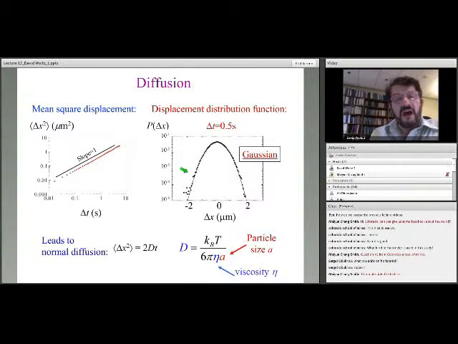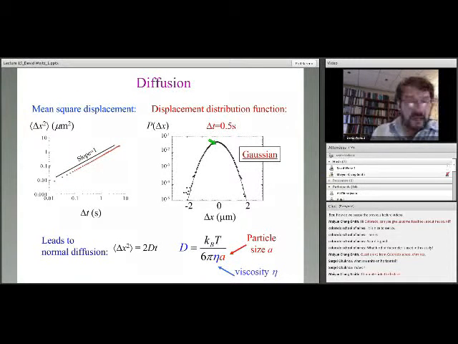This is just in 1 dimension, so it's just going positive and negative. And you see that you get a Gaussian distribution. You have to get a Gaussian distribution when you have diffusive motion. Okay, so you can measure that very nicely.